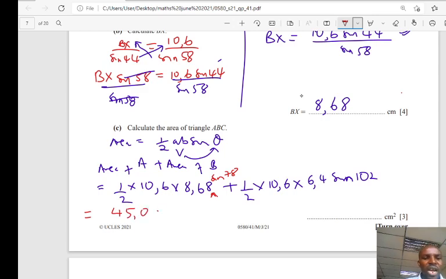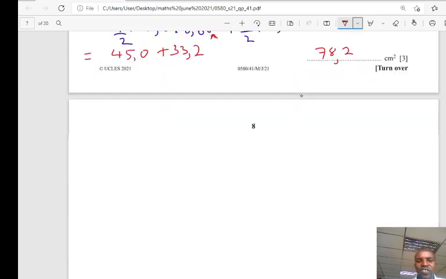Then plus 10.6 times 6.4 times sine 102, then the answer divided by 2, you get 33.2 to 3 significant figures. 33.2 plus 45, then you get 78.2 square centimeters. That is to 3 significant figures.